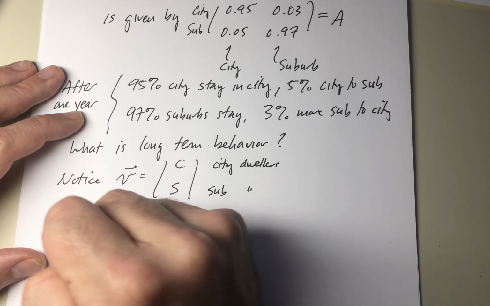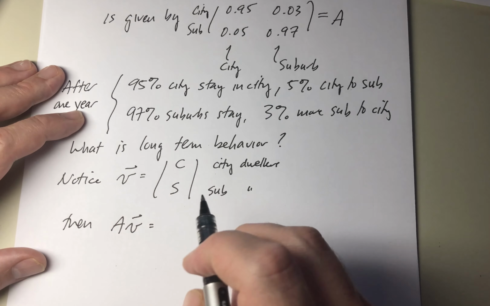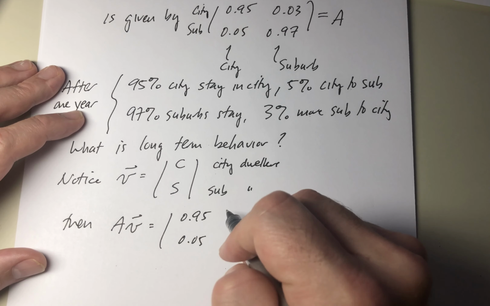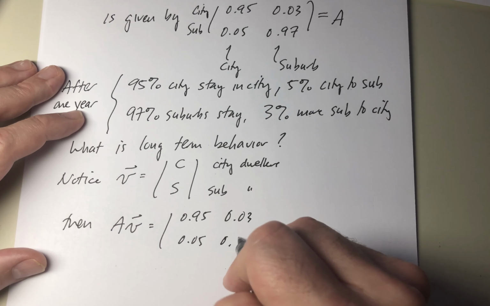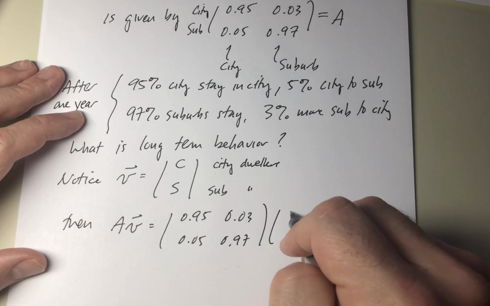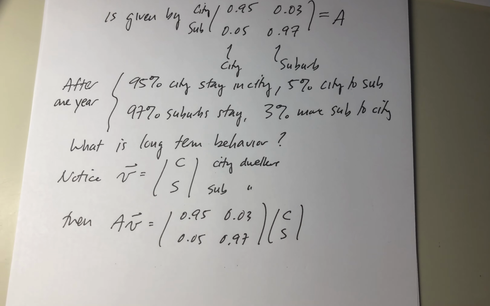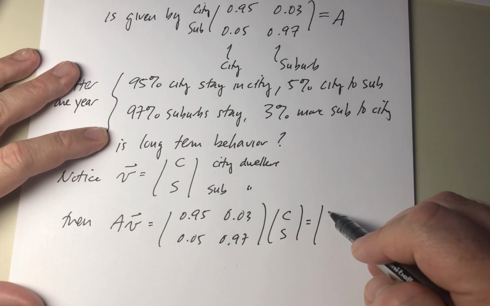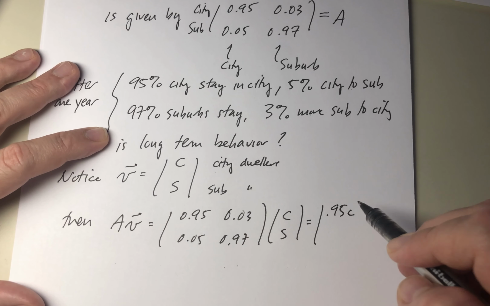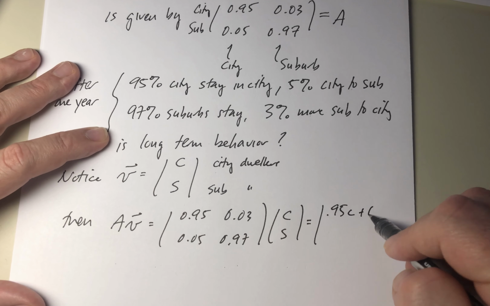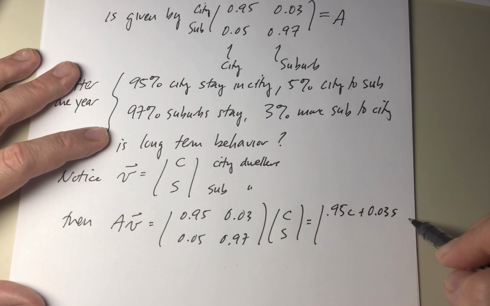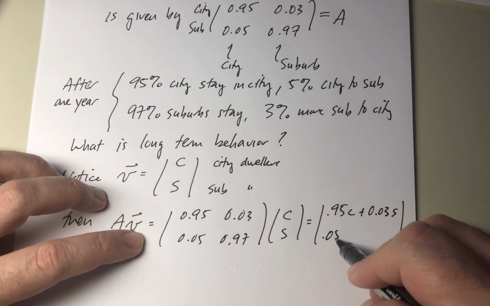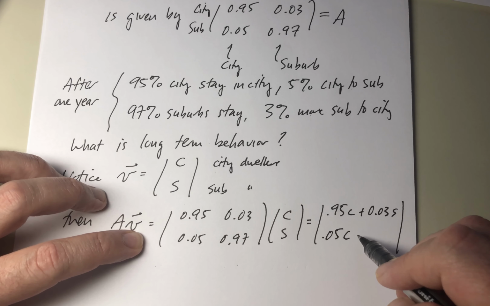Then what is A times v? Well, let's work it out. 0.95, 0.05, 0.03, 0.97 times C, S. That's going to give me a vector, of course. And what is it? It's 0.95C plus 0.03S in the first entry, and 0.05C plus 0.97S in the second.